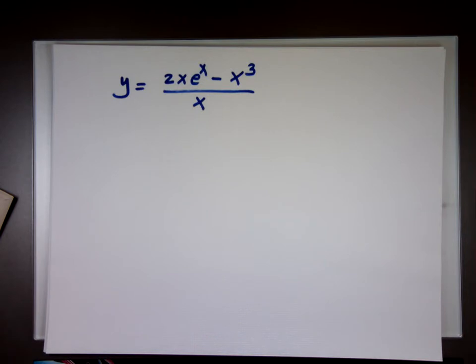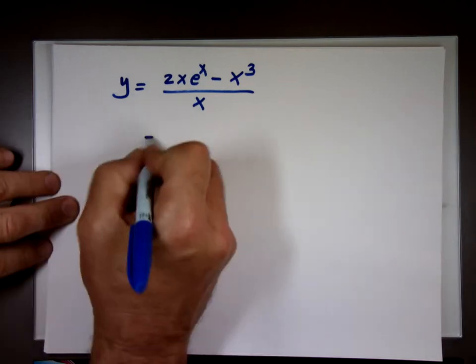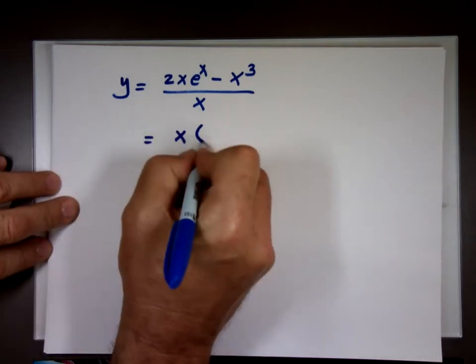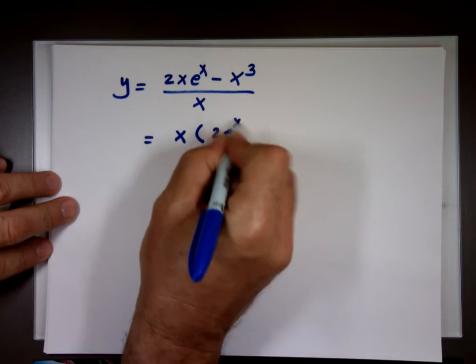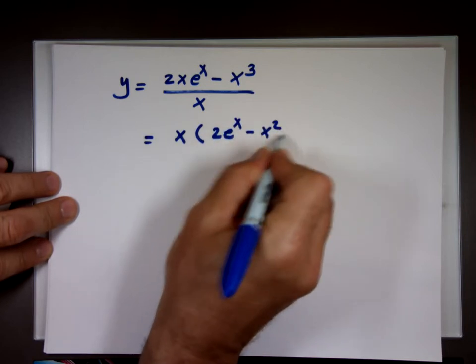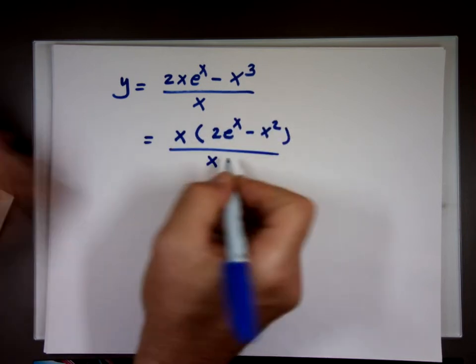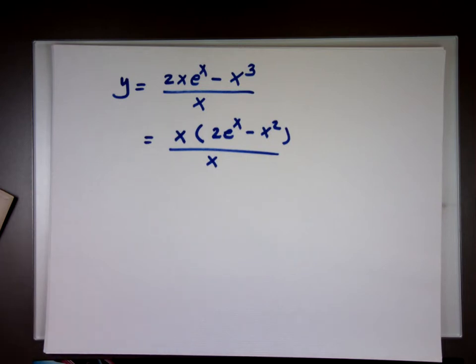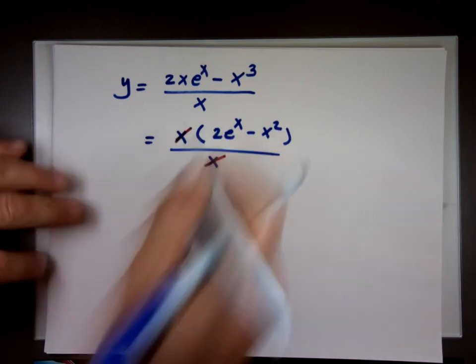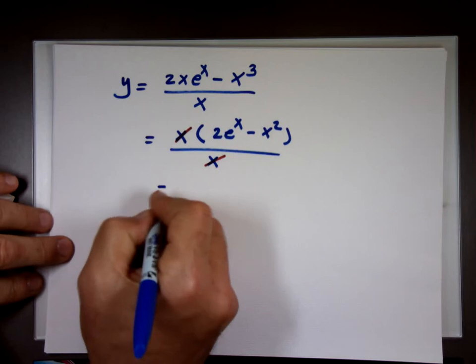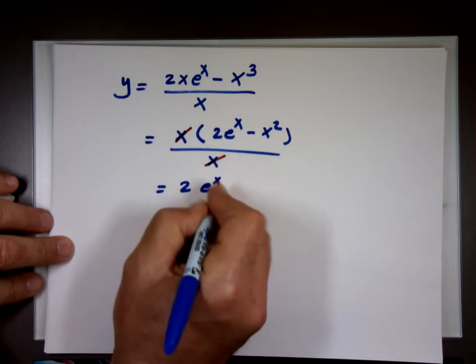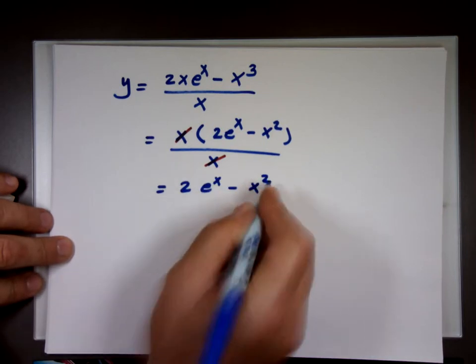Take an x out. If you simplify it, absolutely take an x out. What's left? 2 e to the x minus x squared over 1. What happened to the x's? So if I simplify this now, look how simple the problem is. What's the derivative of that?